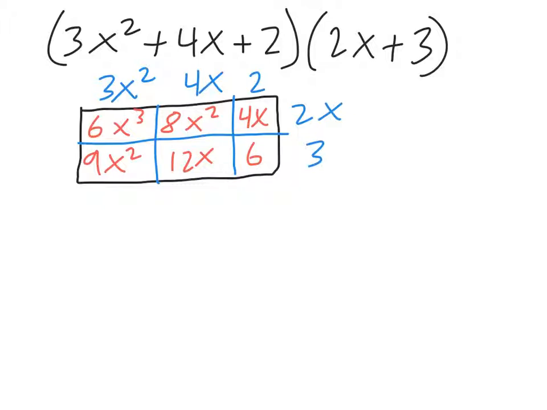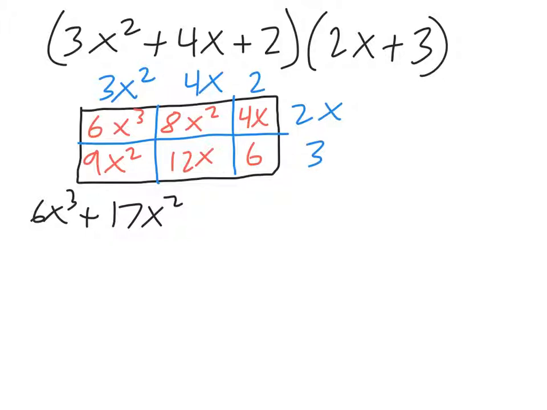So we'll have just 6x cubed, and then we have 8x squared and 9x squared. Those two can add together. We'll give you 17x squared.